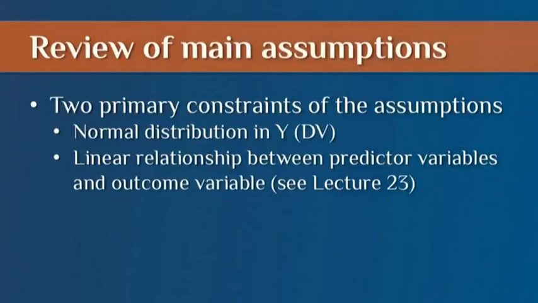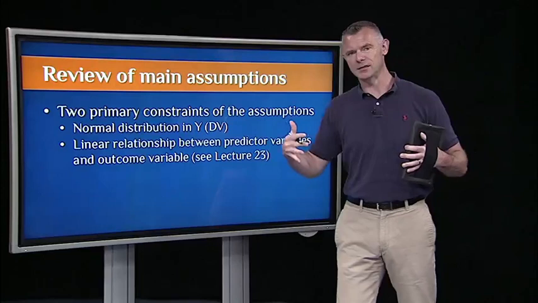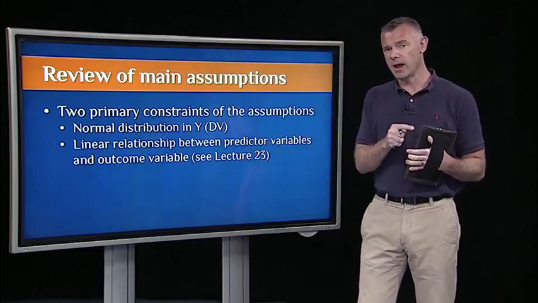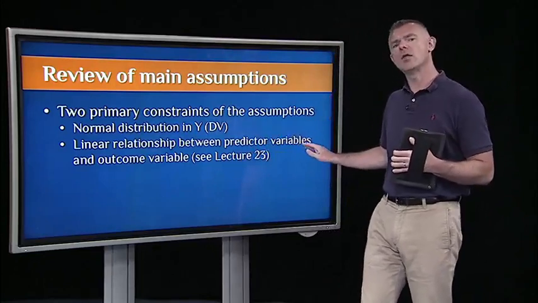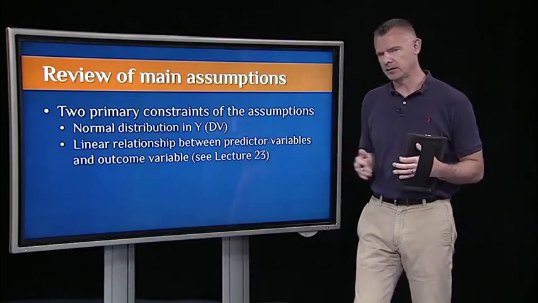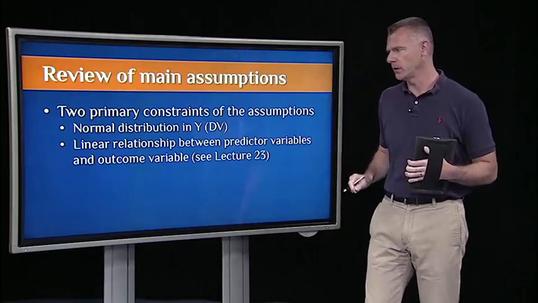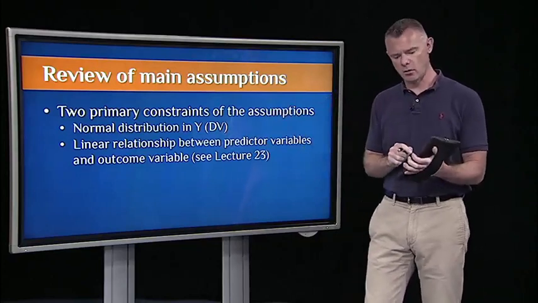That's where we'll talk about this more general mathematical framework called the generalized linear model. You already saw one example of how we can do that with binary logistic regression. In lecture 23, we'll look at other ways we can bypass this assumption of a linear relationship between the predictors and the outcome. But here I'm going to focus on this assumption of a normal distribution in Y.